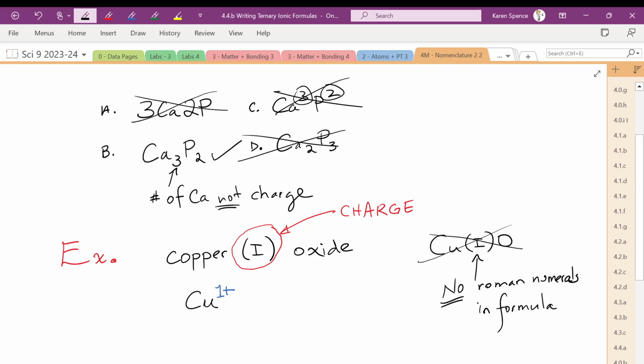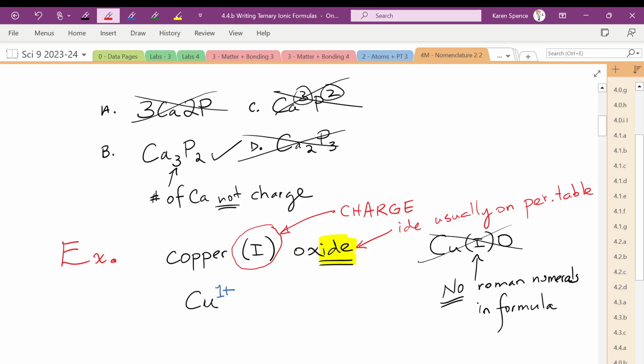Oxide. Who is oxide? We see the "ide." Where do we look? Do we look on the polyatomic ion table or the periodic table for something that ends in "ide"? The "ide" ending is usually on the periodic table.